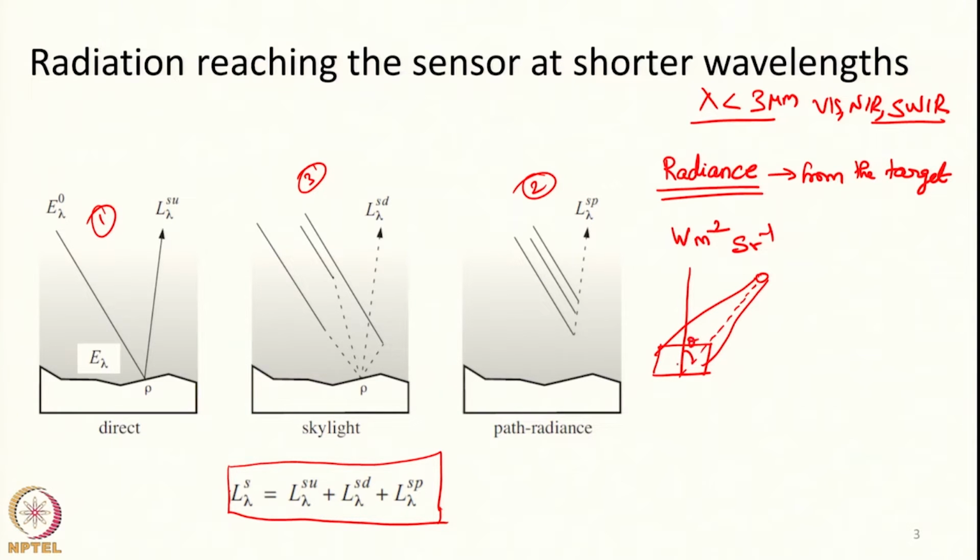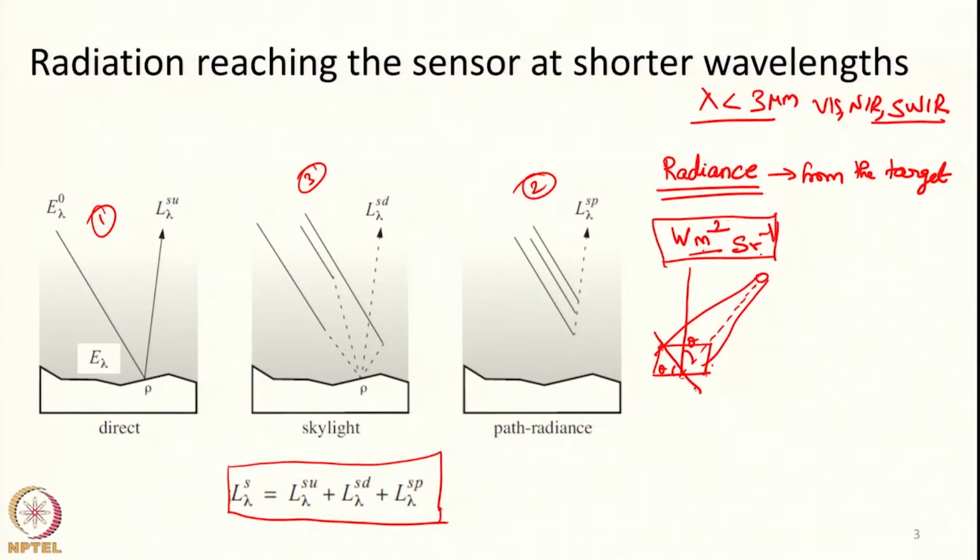So, what is the radiation leaving this particular area, every meter square of area, when the area is projected normal to the sensor? Now I am rotating the surface element such that it appears normal to the sensor, then we calculate the area of the projected element. From this we calculate the energy leaving towards the sensor per meter square of projected area in a given unit solid angle.